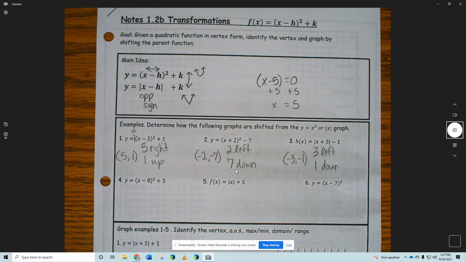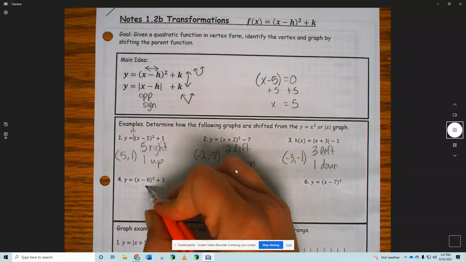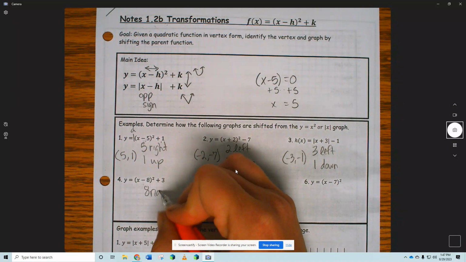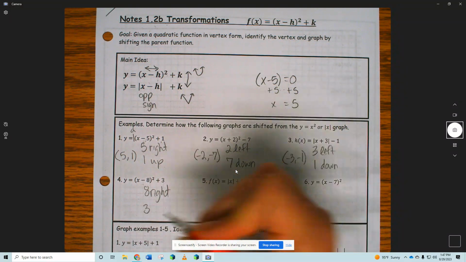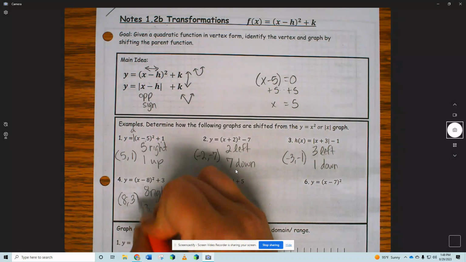What if the x is isolated from the 5? So there's nothing there, so 0. Okay, x plus 0 or x minus 0. All right, so 4, 8 what and 3 what? 8 right, 3 up, 8, 3.